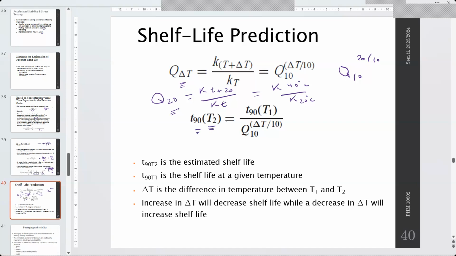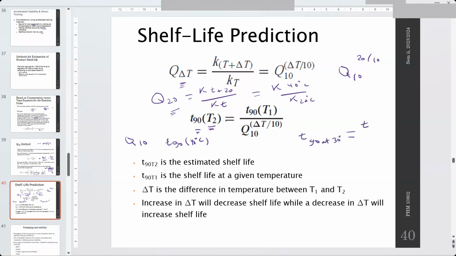So say, for example, you know the Q10 value, and you know the time for degradation at 40 degrees. You want to calculate the time for degradation to 90%, say at 30 degrees. So how to calculate it?